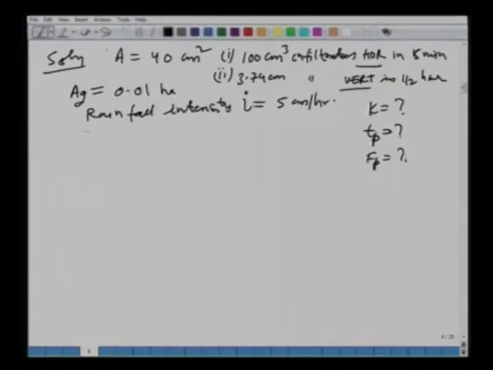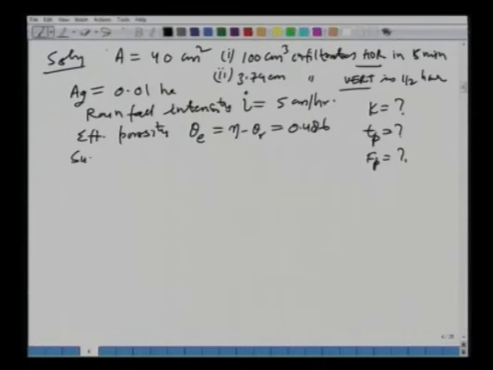The other data that are given to us is the effective porosity. What is effective porosity? It is theta E, which is eta minus theta r, is given to us as 0.486.